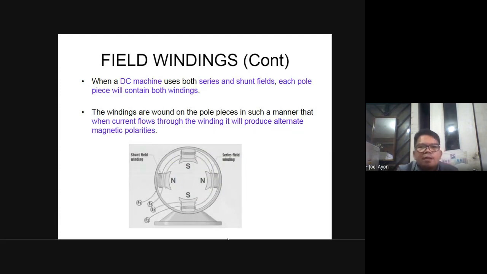So again, as a recap, there are three types of DC motors or DC machines: the series motor, the shunt motor, and the compound motor. A compound motor is a combination of series and shunt fields.